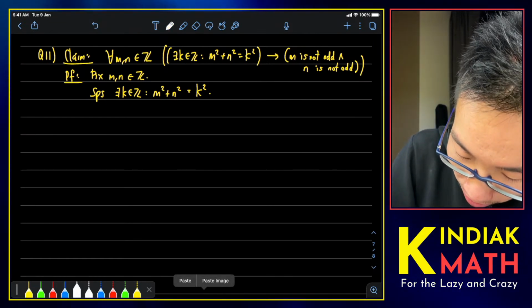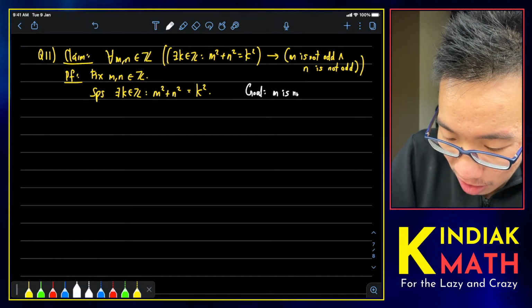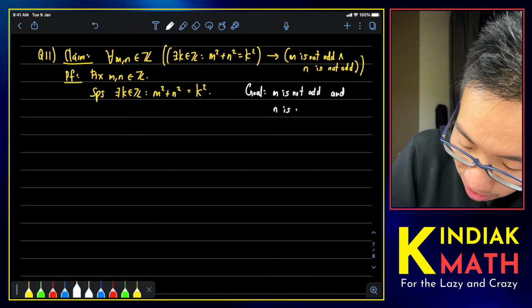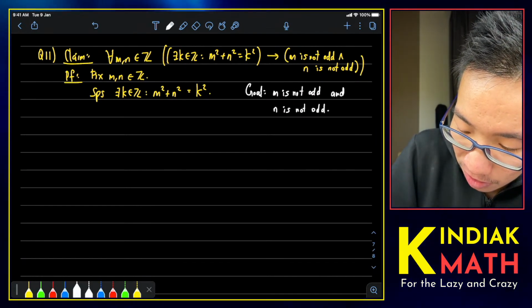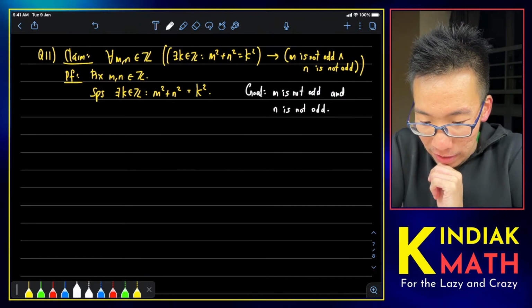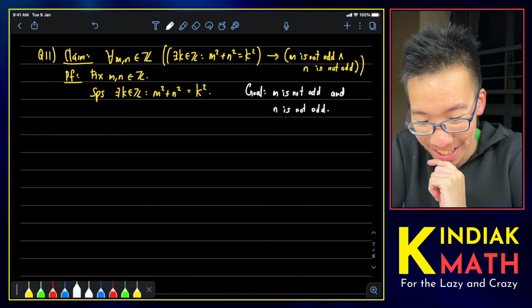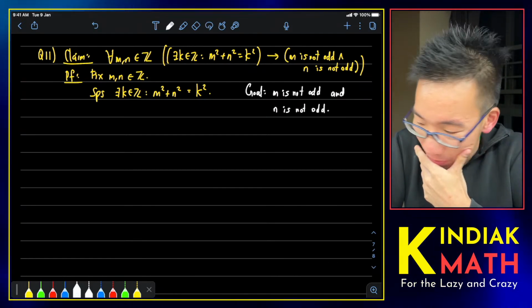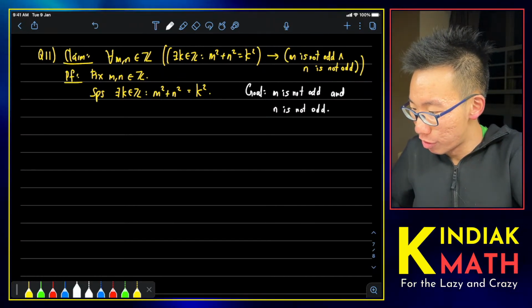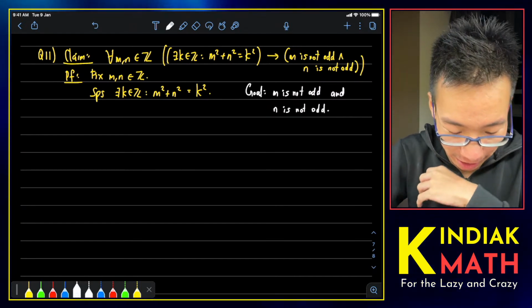Our goal is to show that m is not odd or n is not odd. That's the objective. I'm not sure how to start with this. How do we even start? I believe there were some results that were proven before, but let's just prove it directly.